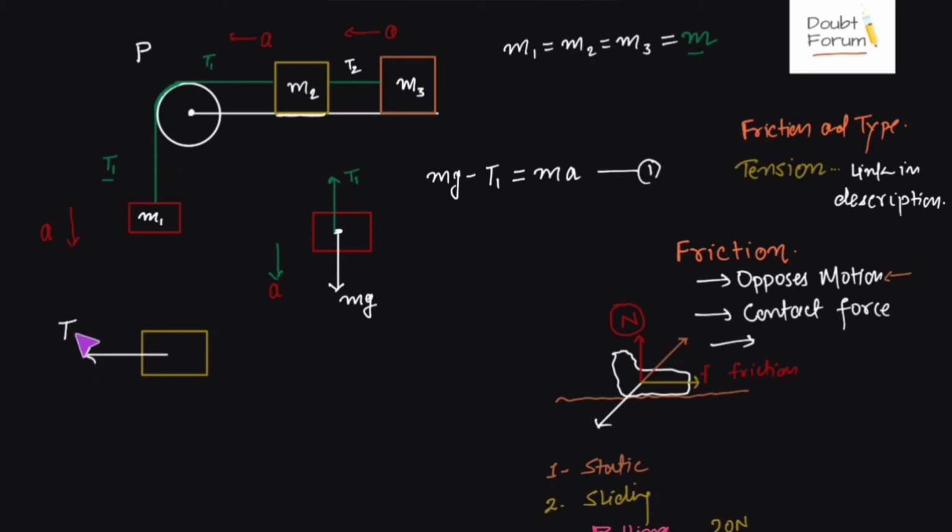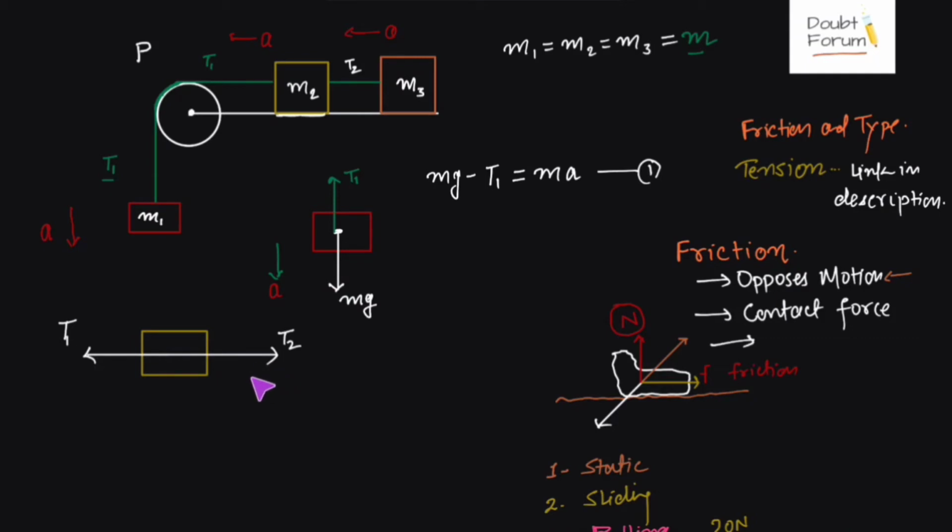Again, this block is connected on the right side with another string, and because there is friction here, on this side the tension would be different. So the string would be pulling this block to the right side with a force equal to T2, the tension in the second portion of the string.